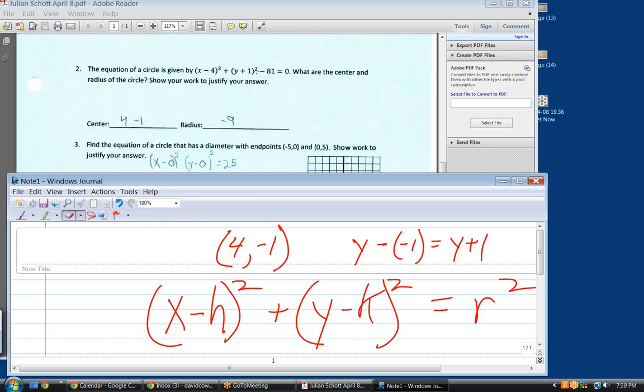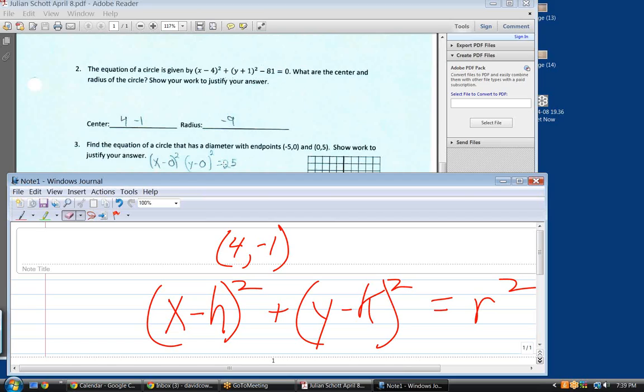And put this in the format that I've written it. So what do you have to do with that? You have -81, which is the radius squared. Well, you need to move it to the other side of the equation, in other words, add it to both sides. So we'd end up with 81 on the right side, and that's the radius squared.